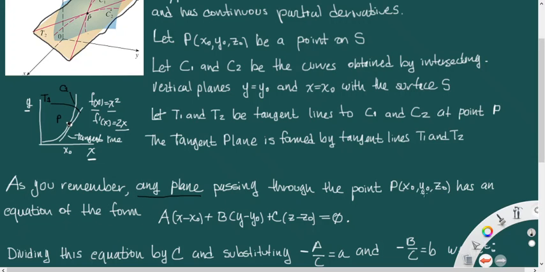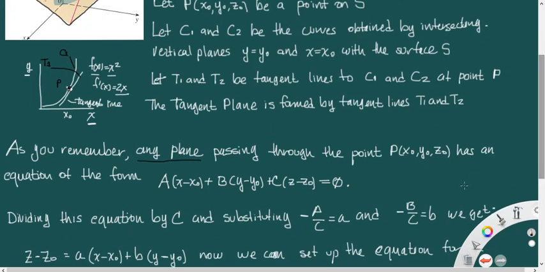The equation for the plane that you were working with in the last month was something like this. You have a constant number times the difference from the point of reference with x plus the y-axis plus the z-axis equals 0. You have done this a lot of times, so this is something that you must be familiar with.